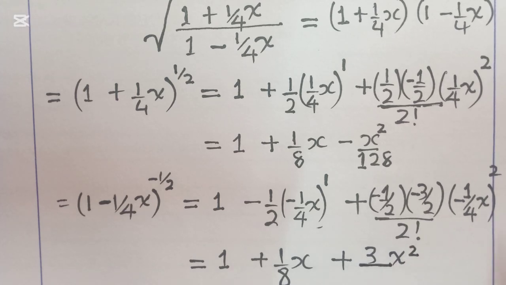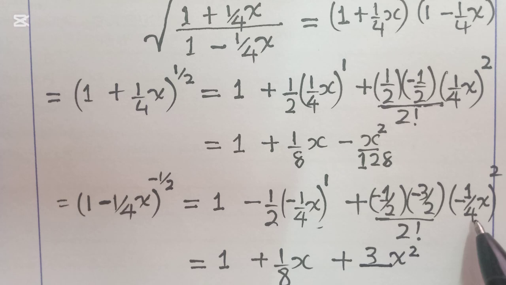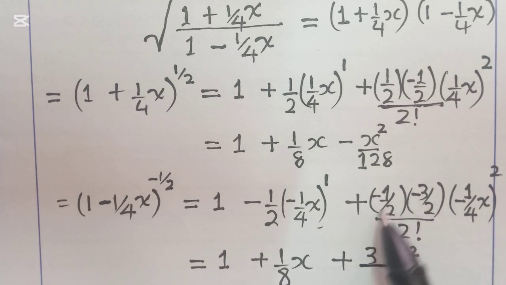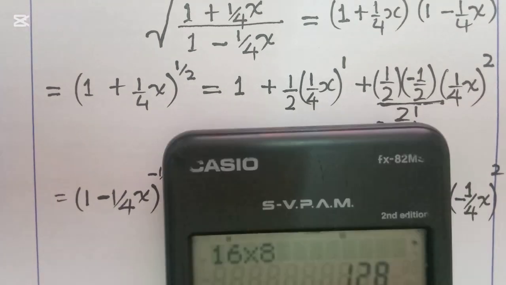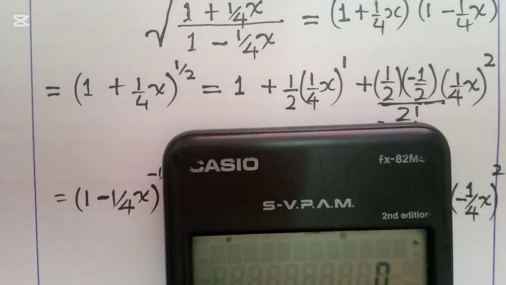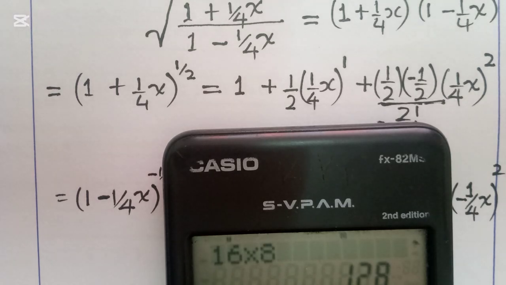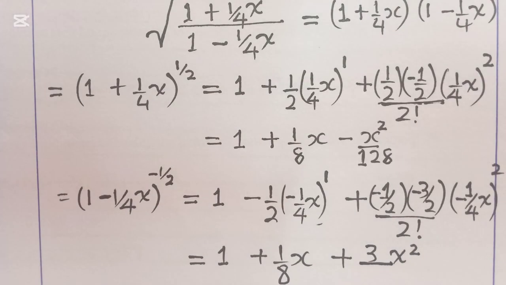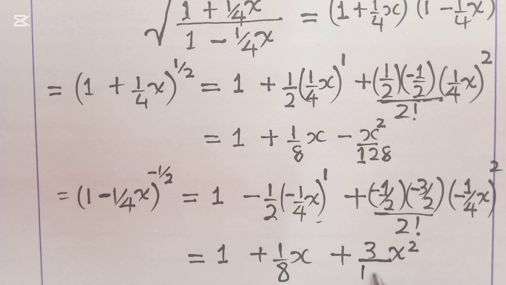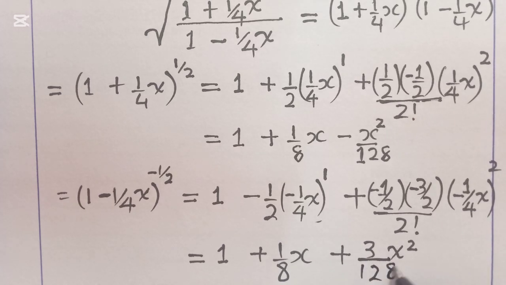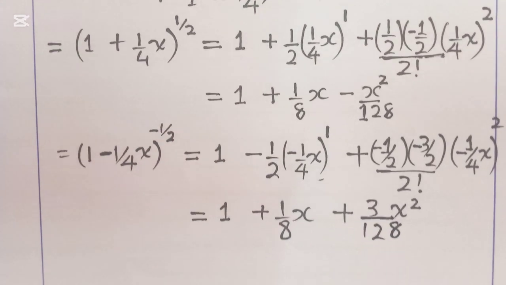Then the denominator we have 4 times 4, which is 16. 16 now you multiply by 8. That is 2 times 2 times 2. So 16 times 8 gives us 128. So guys, we are going to have 128 here. And so guys, we have now the two series.